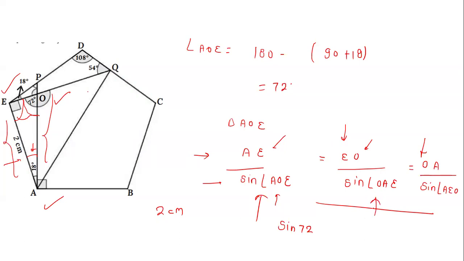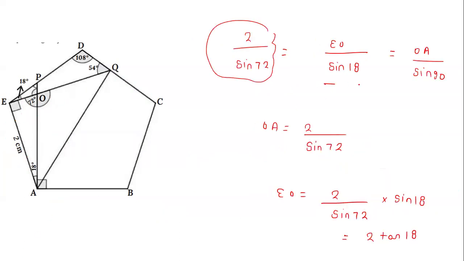The OAE angle, as we know, is 18, so this becomes sine of 18. EO length we don't know yet. We also don't know OA length, but we know this angle is 90, so this is sine 90. From here, if you equate these, you can get the OA length as 2 divided by sine 72 multiplied by sine 90. This quantity is 1, so it is simply 2 by sine 72.